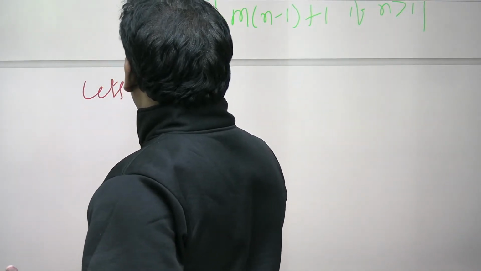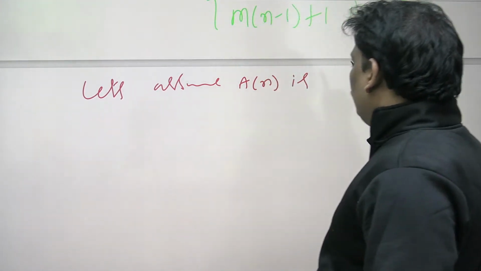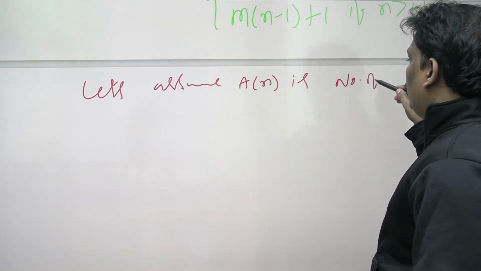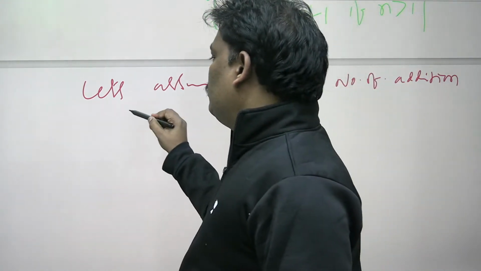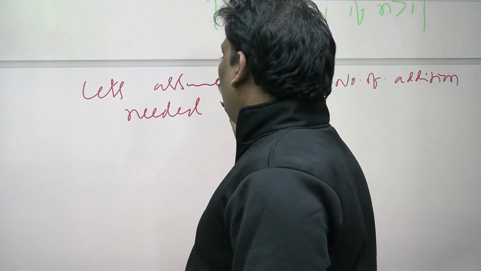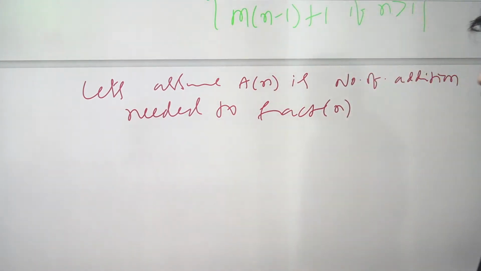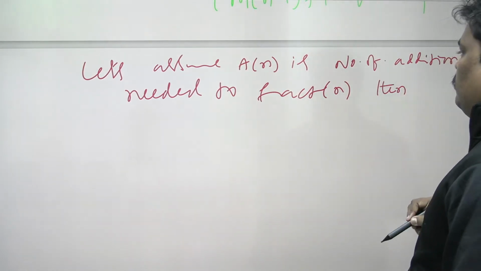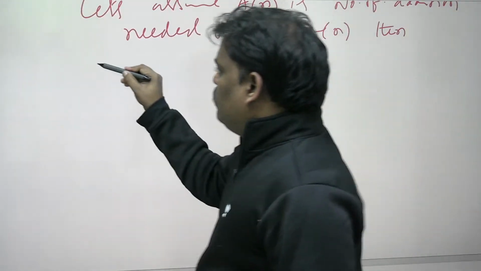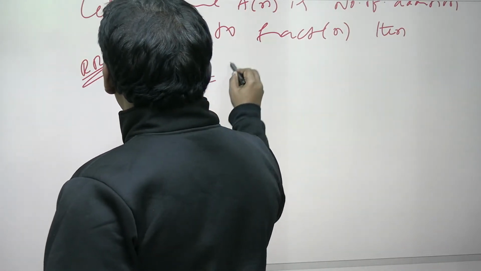Let's assume A of n is the number of additions needed for fact of n. Then the recurrence relation: A of n is equal to what? What is the answer?